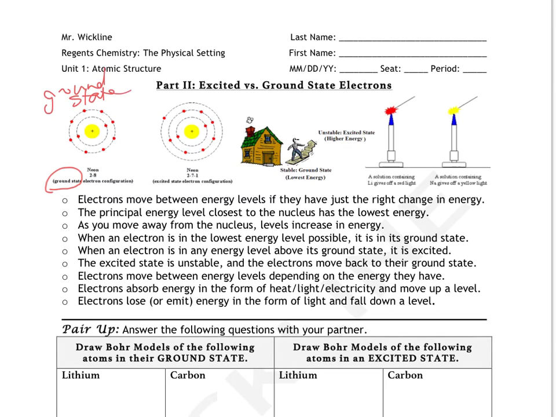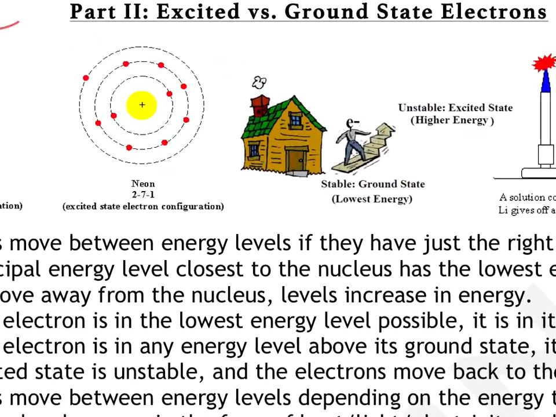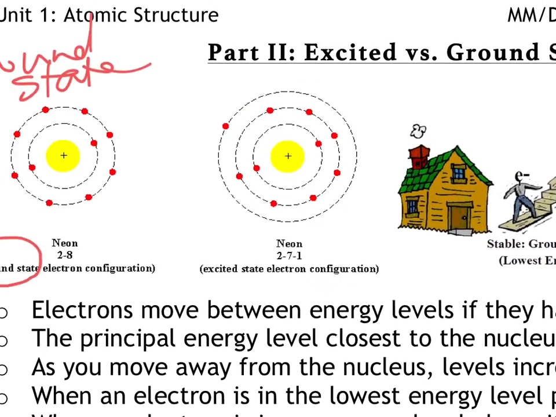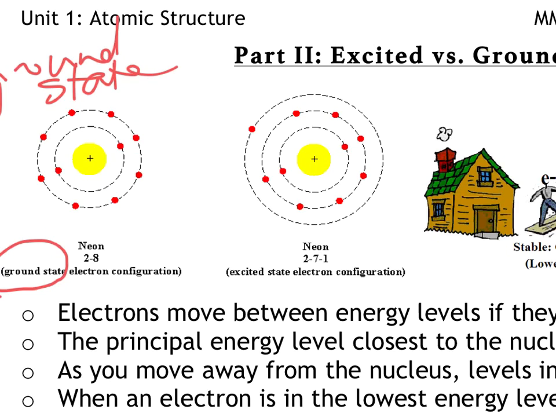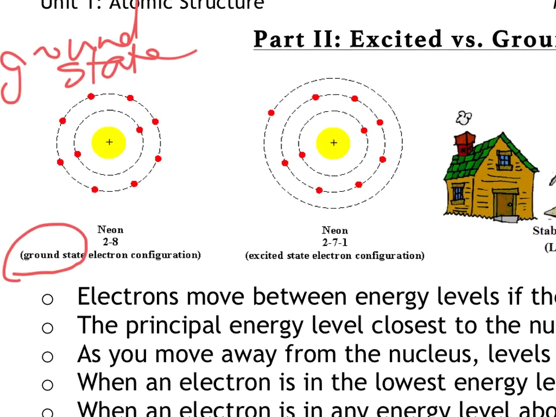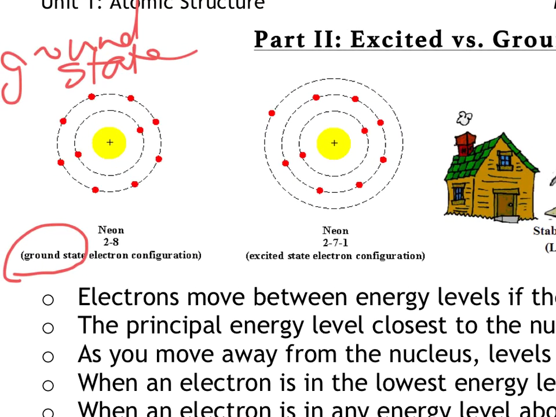Now, if you look up neon like we just did, and you see 2,8 as the ground state, but then you see it written a different way, and instead of it being 2,8, it's going to say 2,7,1. I'll zoom in just to highlight this a bit more. So instead of 2,8, it says 2,7,1. That is not a ground state configuration.